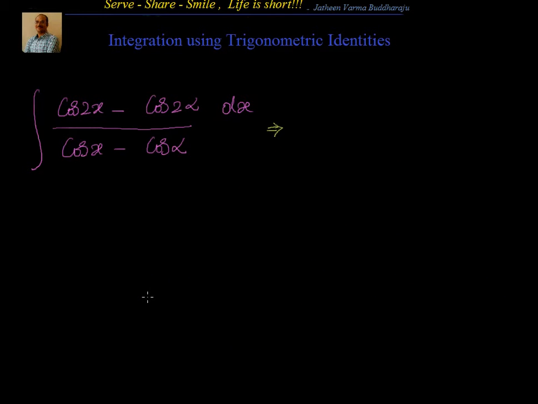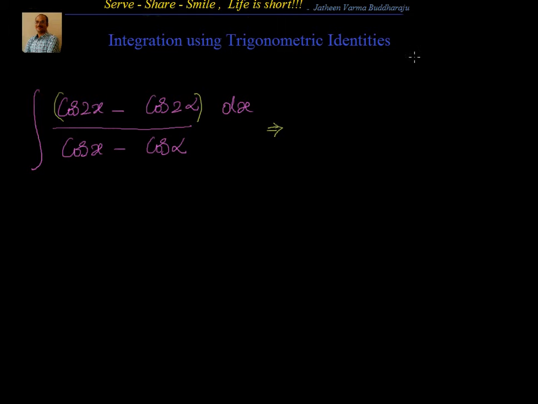We have to find the integral of cos 2x minus cos 2 alpha divided by cos x minus cos alpha. So what we will try to do now is leverage the transformations, where we can convert the sum or difference into a product so that we can simplify and see any known integral. Now what is the formula we are going to leverage?